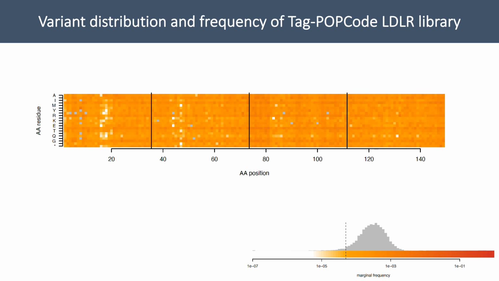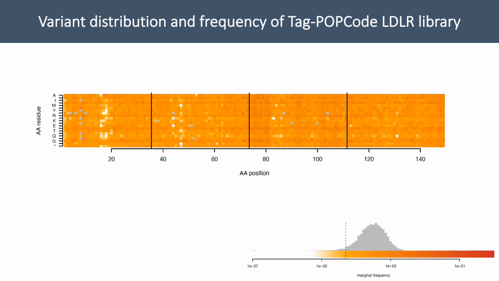So just as an example here, I'm showing a tag-POPCode library that I generated for the LDL receptor. I'm only showing you data for the first 150 amino acids, just for simplicity. So the x-axis here shows the amino acid position, and the y-axis shows the amino acid residue that's observed in this library.